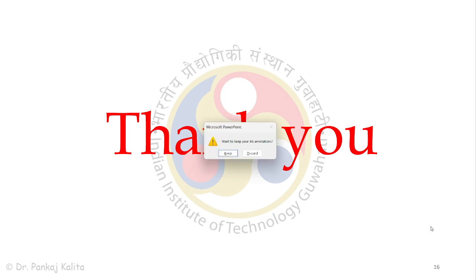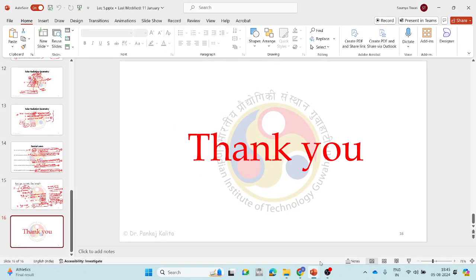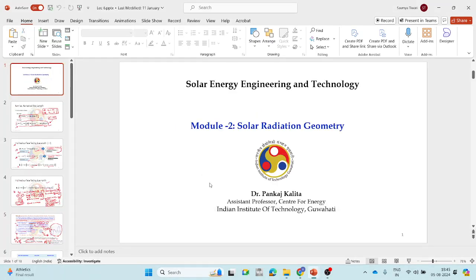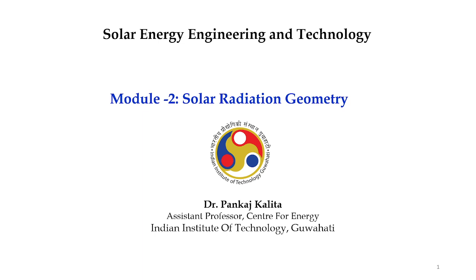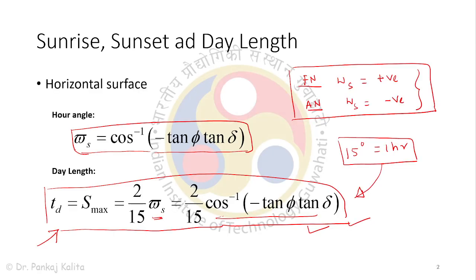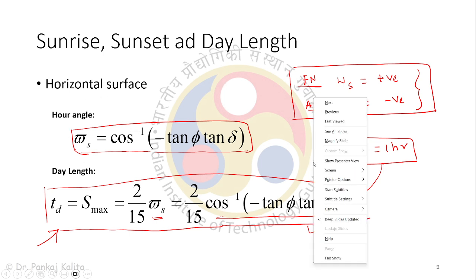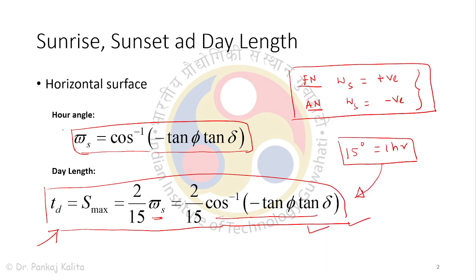So this was the second lecture, and the third lecture in this module was this. Okay, so we have already seen sunrise hour angle on a horizontal surface, given by this equation, and day length given by this equation.